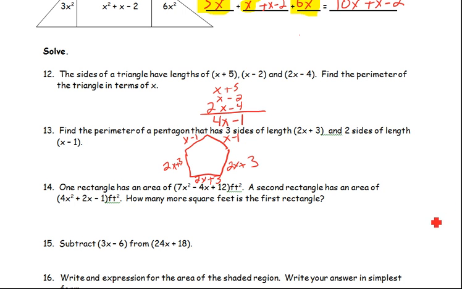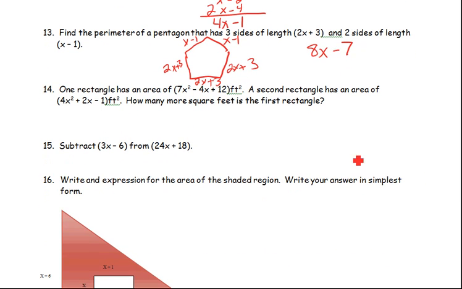Now, I add all those up. I'm going to do this just by trying x plus x is 2x, plus 2x is 4x, plus 2x is 6x, plus 2x is 8x. And now I'm going to start with the 3's. 3 plus 3 plus 3 is 9, minus 1 is 8, minus another 1 is 7. Okay.